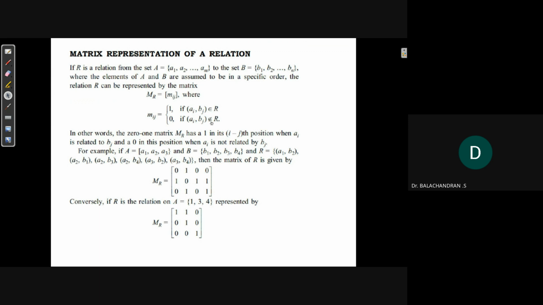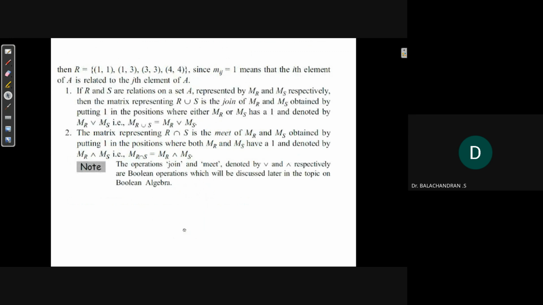Here are some examples: if they give the relation, how to find the matrix, and similarly, if they give the matrix, how to find the relation. These things we already discussed.